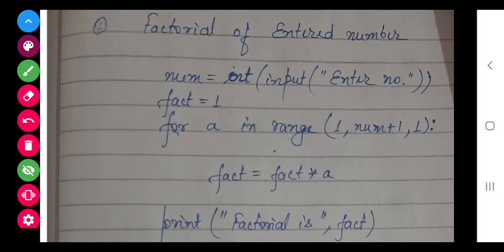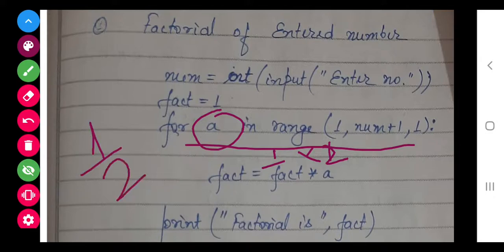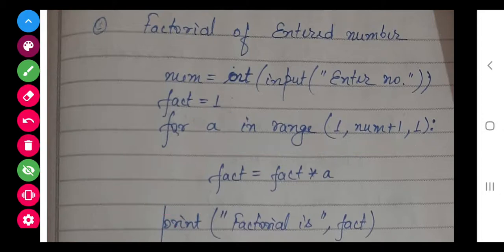For the next time this will be 1 and this will be 1, this will be 2, sorry, a will become 2, because this is a loop. First of all the value of a will be 1, then 2, then 3, and this fact depends upon this expression.